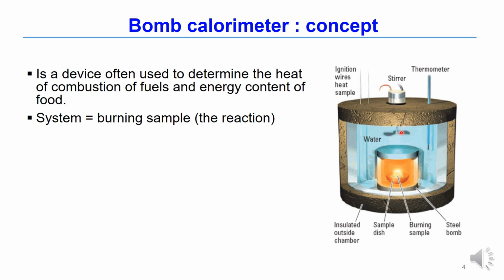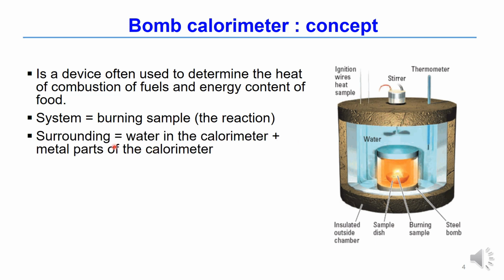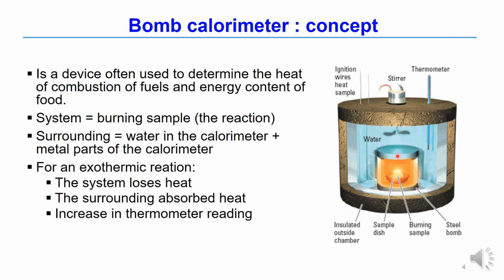Here is the burning sample, and the surrounding is the water in the calorimeter and the metal parts of the calorimeter. Since the combustion process involves releasing heat and is an exothermic reaction, the system will lose heat and the surroundings will absorb the heat, and it will cause the thermometer reading to increase.